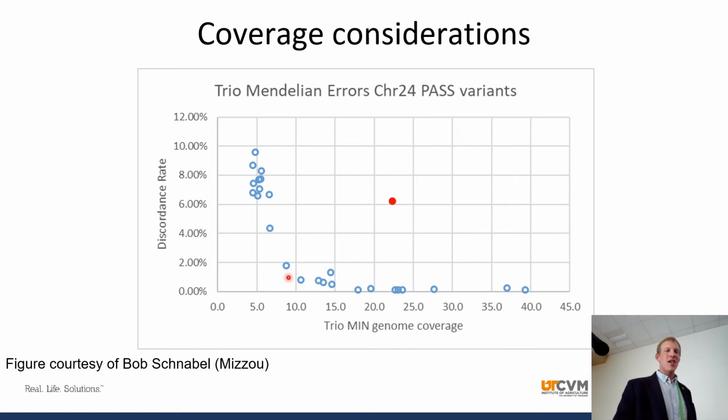There's probably 8 to 10 times as many Mendelian discordances up here in the 5x sequenced animals compared with these animals that have 10x plus coverage. So as we think about developing these resources from a coverage standpoint, there's a really clear indication that doing 10x plus is going to benefit us just in the quality of calls that we're able to get in these reference individuals that we're sequencing.